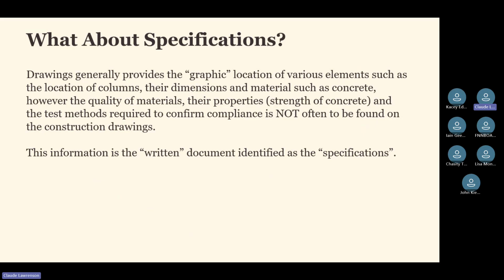It's a proper strength of concrete being used for that particular project. Often we find those things are missing from the actual construction drawings. This information is what we call the written document, and it's often identified by the word specifications.